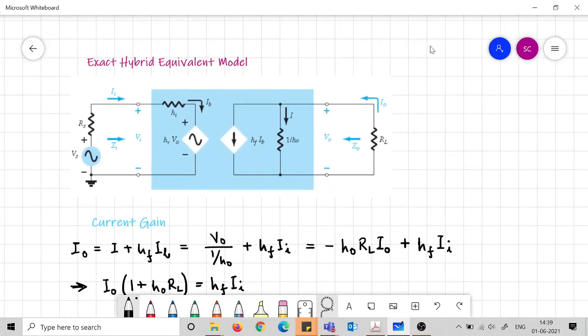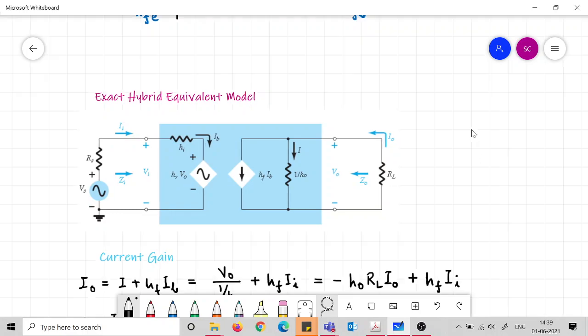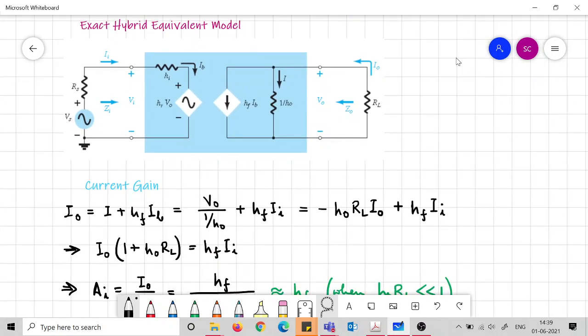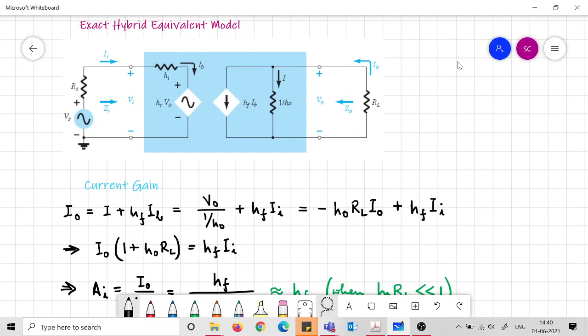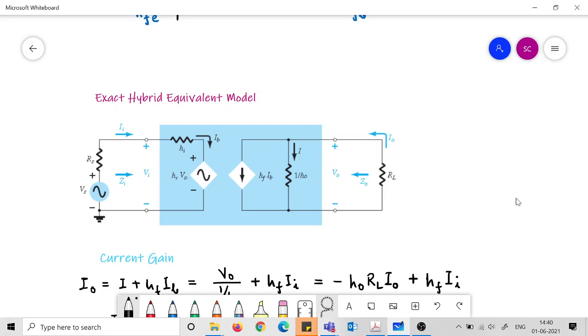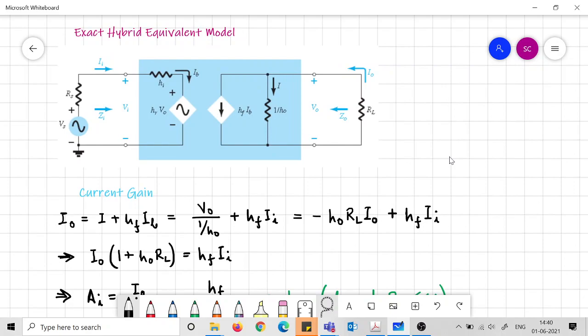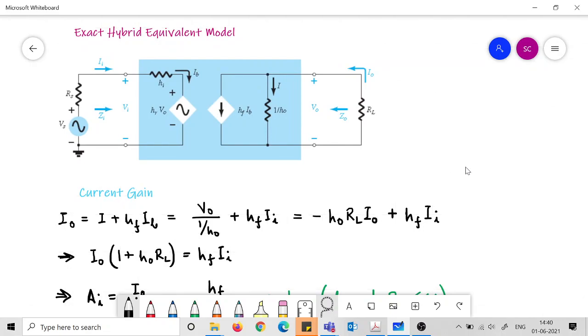So when we are working with the exact hybrid equivalent model, we have to do some analysis. I will not be doing the analysis once for common emitter and once for common base, but will employ the parameters HI, HR, HF, HO only.